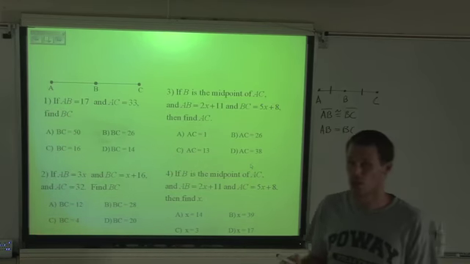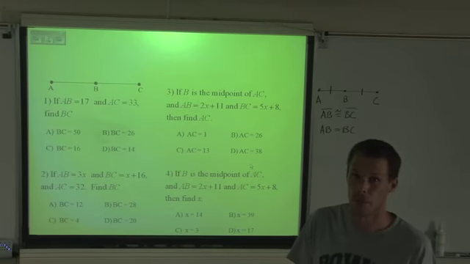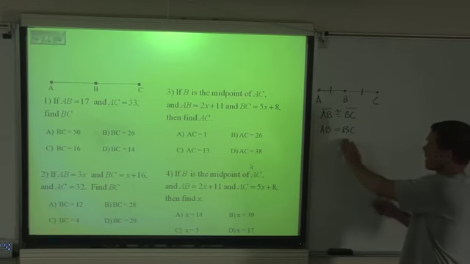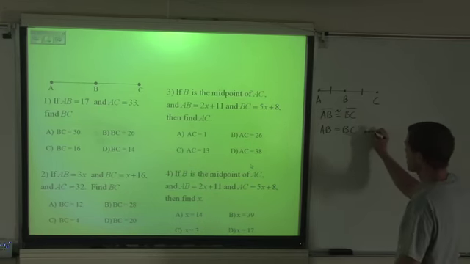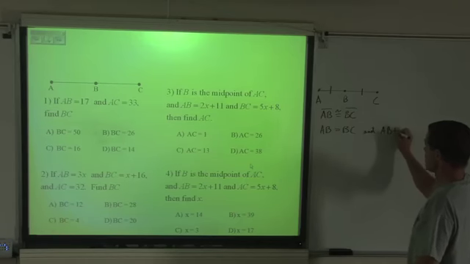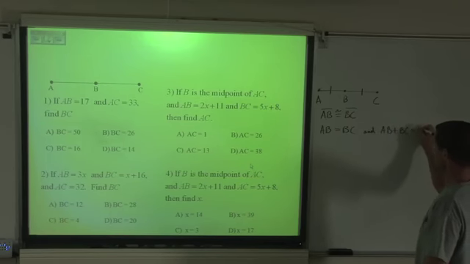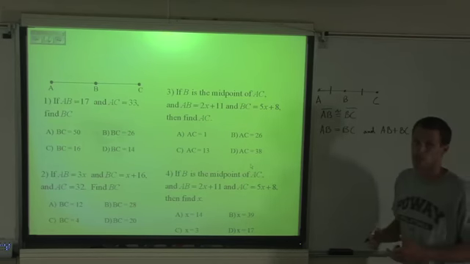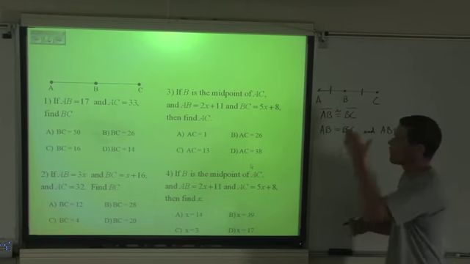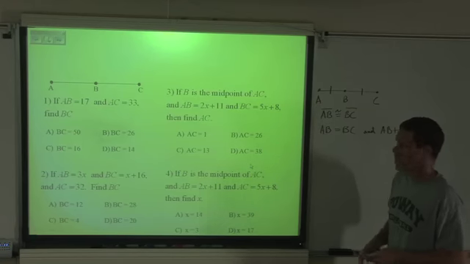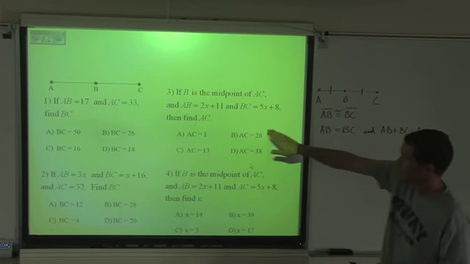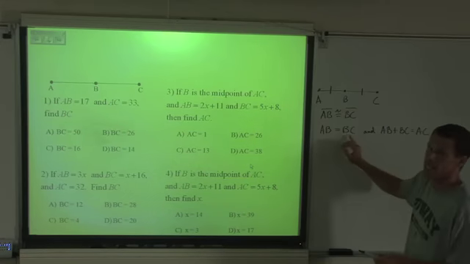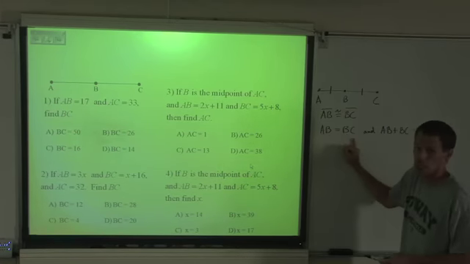This is important so that you can use substitution. You have two equations. AB is equal to BC, and we know that AB plus BC equals AC. We can use all of these things and substitution in order to figure this problem out. These are numbers. AB is 2x plus 11. BC is 5x plus 8. Here we would have a full equation.